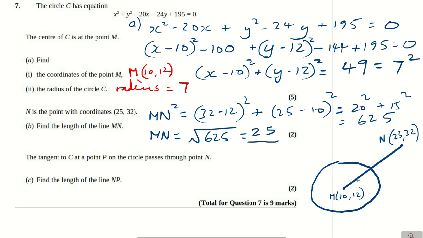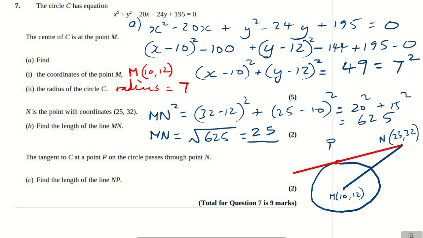And then it tells us that the tangent to the circle at some point P goes through the point N. So what that means is, if I draw a tangent like that, okay, the tangent goes through the point N, and that point there is our point P.